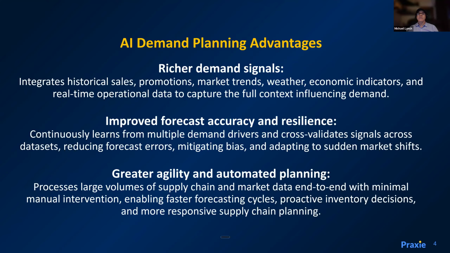Improved forecast accuracy: you get the best of AI algorithms and cross validation to generate accurate forecasts. And agility: not only getting richer demand signals, but the agility to have greater data sets and the ability to look at all kinds of constraints at once. So these are some of the advantages.